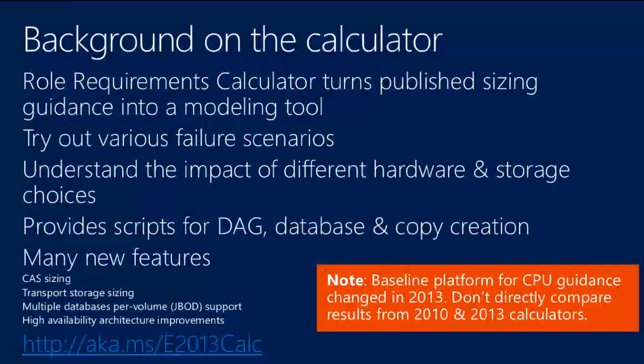What we found over the years is that the more complex you try and make a calculator, the more complex the model of the system is that you try to build, the worse the results. We think that the role requirements calculator is actually a great balance between being specific enough to give people the information that they need and being vague enough that we don't get into trying to provide guidance on things that we don't fully understand.